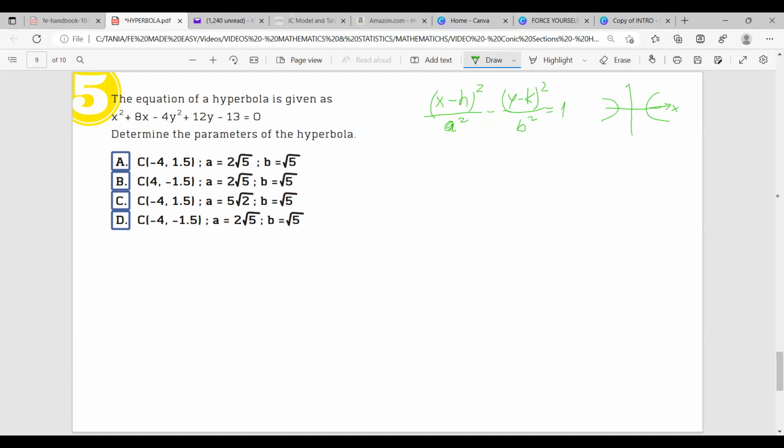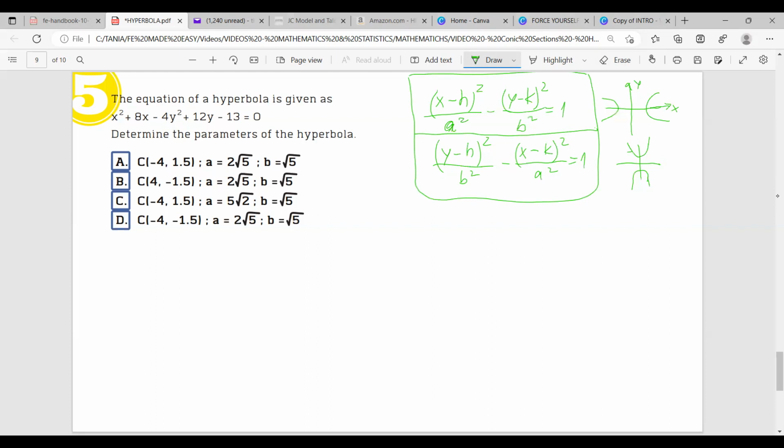This is x and this is y. And also we know that we have this equation of the hyperbola (y minus k) squared over b squared minus (x minus h) squared over a squared equals 1. And this is a hyperbola that will be sitting on the y-axis. So we have to bring this equation given in the problem to one of these forms.